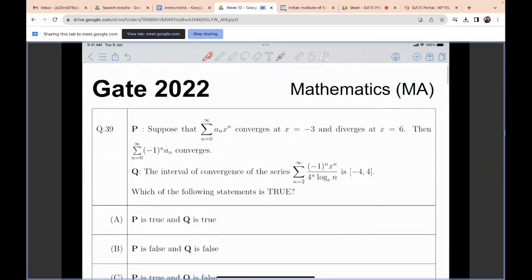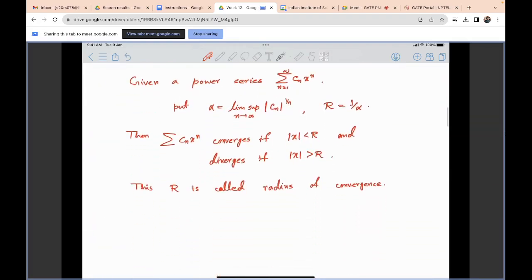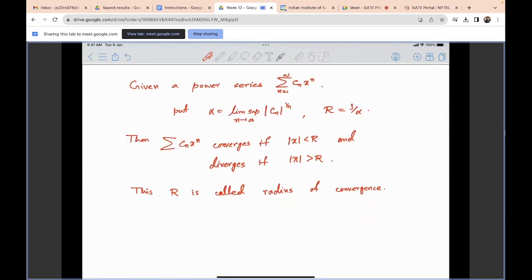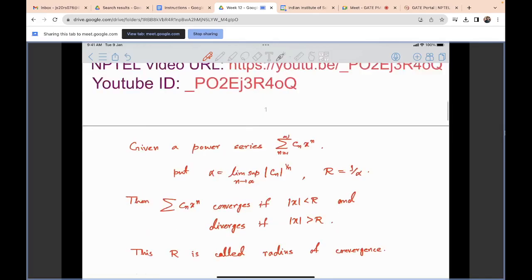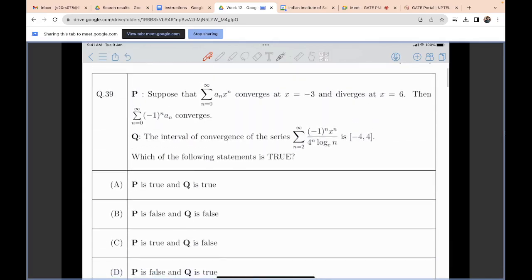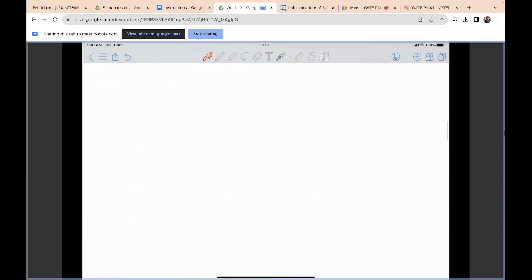So what is the first option? It's saying that the power series converges, and also there is one thing that, basically R is the maximum number inside which the power series converges. So outside this R, for any x, if it is bigger than R, then the power series will not converge, right? Okay, so it is saying that the power series is converged at -3 and diverged at 6.